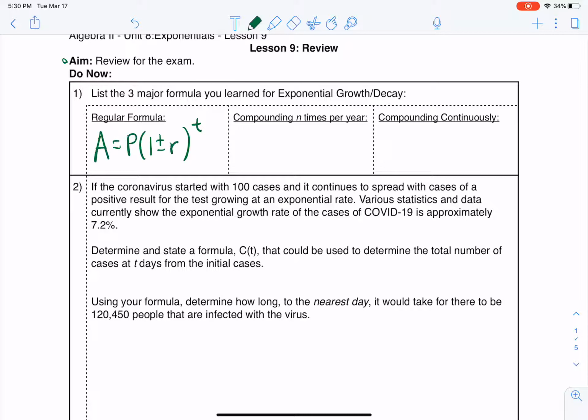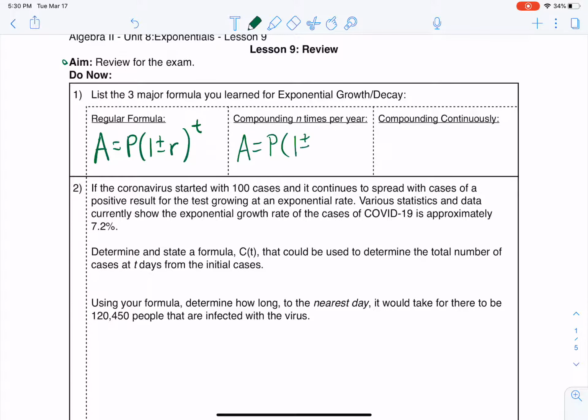The next formula that we've been looking a lot at in this unit is the compounding interest formula. That formula is given by A equals P times 1 plus or minus r divided by n, raised to the power of n times t. N here is the number of compounding times per year.